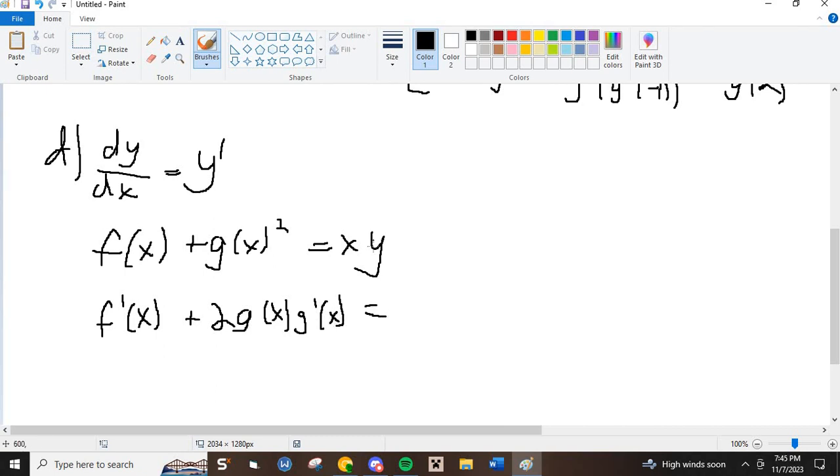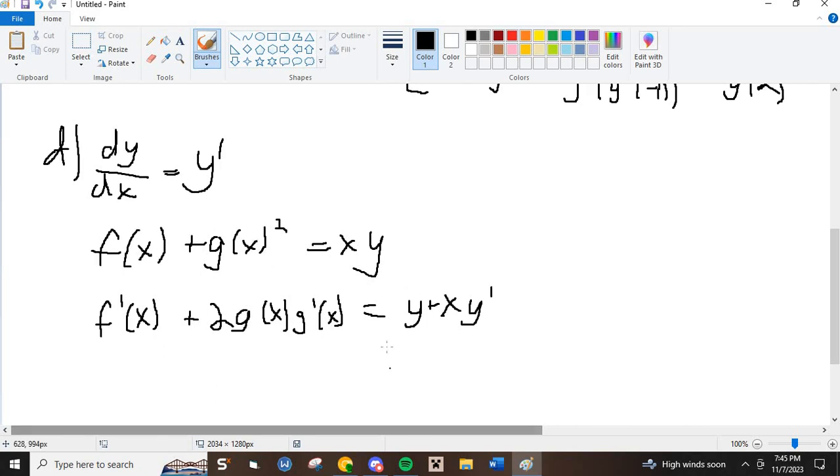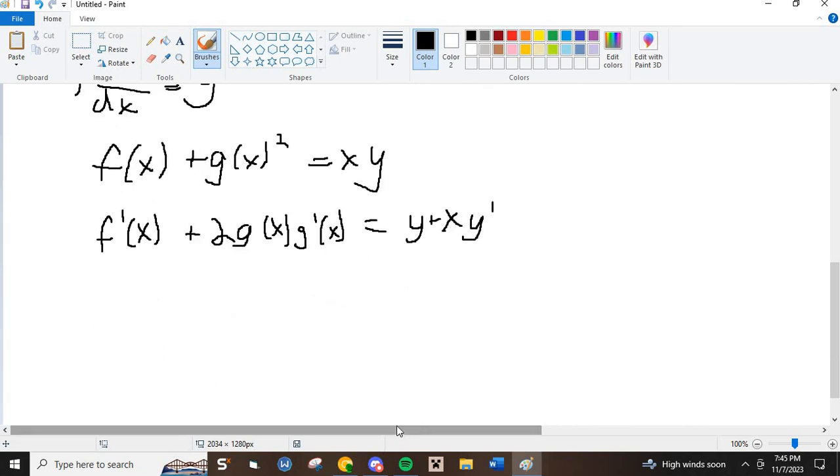It's equal to, you also need chain rule for this. It's going to be y plus x, y, oh never mind, I meant product rule, y plus xy prime. And so to get y prime, I'm just going to flip this around and move y to the other side in one step.